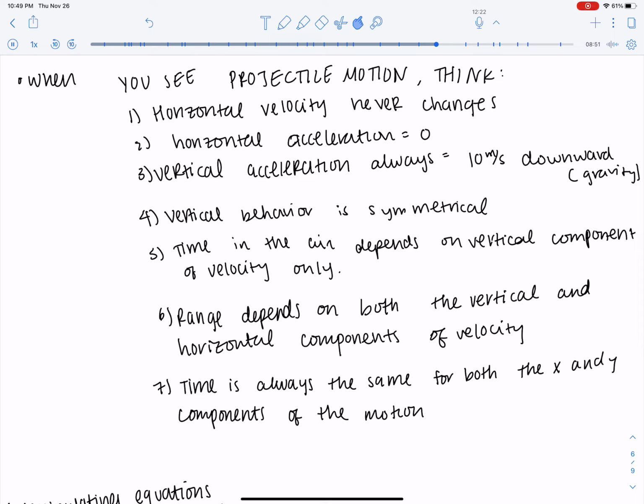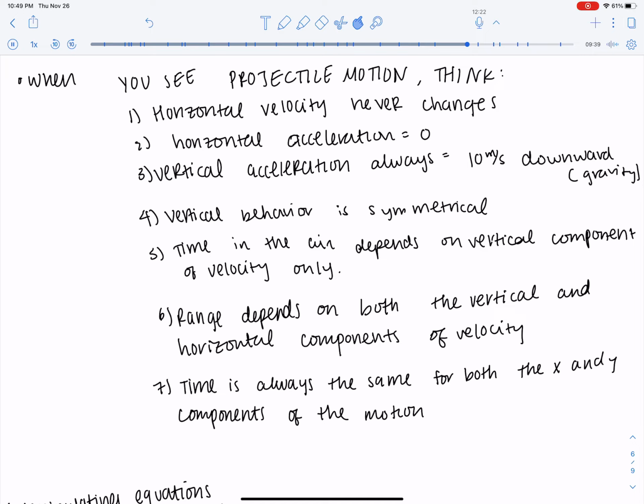In the book, it said that whenever you see projectile motion, to always think that 1, the horizontal velocity doesn't change. 2, horizontal acceleration is 0. 3, the vertical acceleration is always 10 meters per second squared downward, which means gravity. 4, that the vertical behavior is symmetrical. 5, time in the air depends on vertical component of velocity only. 6, that range depends on both the vertical and horizontal components of velocity. 7, time is always the same for both the x and y components of the motion.